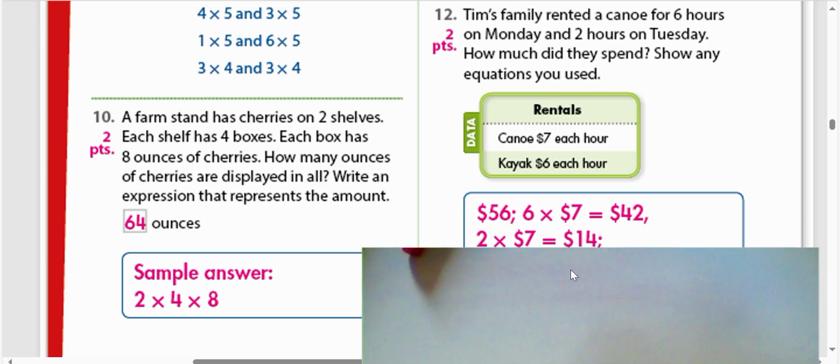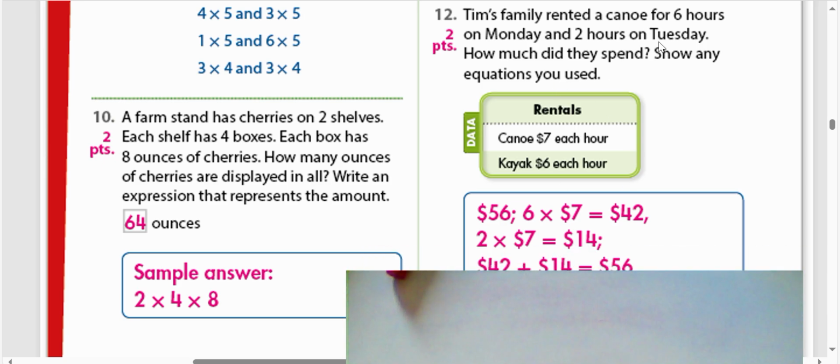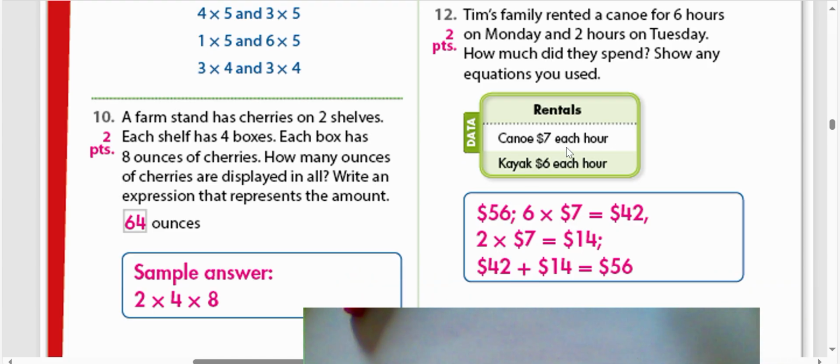Mia's family watched channel 6 for 6 hours on Monday, and 2 hours on Tuesday. We can write here 6 times 7, and 2 times 7. Okay, here the first 7 each hour and 6 in each hour.